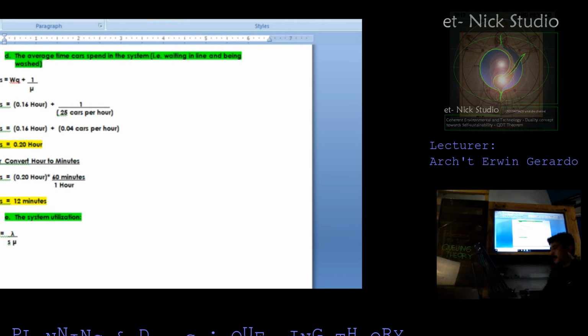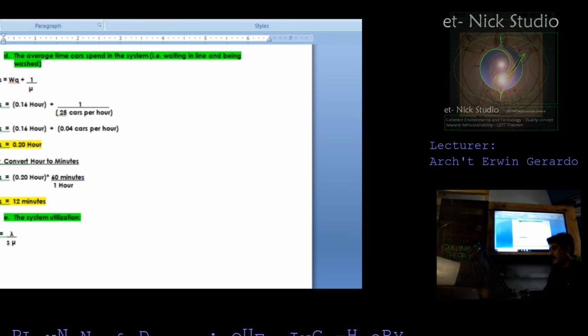Next is the average time cars spent in the system. So this is the waiting in line and being washed. So WS equals WQ plus 1 divided by mu. So a while ago, we made use of 0.16 hour plus 1 divided by 25 cars per hour. So therefore, WS is 0.20 hour.